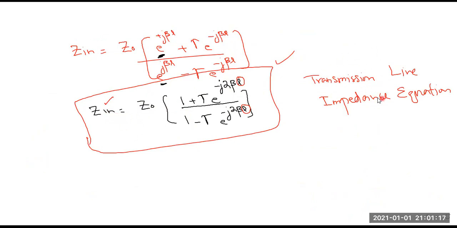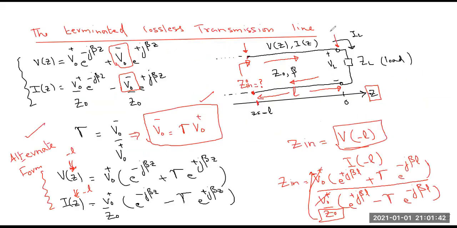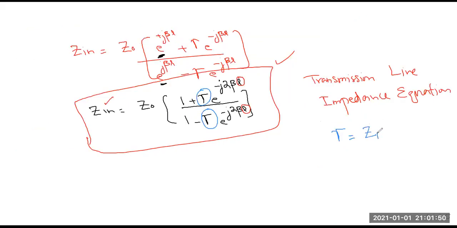Now there is one alternate representation of this transmission line impedance equation, and that we can easily derive by replacing gamma by its value in terms of impedance. In our previous lecture, we have found that this reflection coefficient, which is at this position, can be calculated with the help of this equation, that is ZL minus Z naught divided by ZL plus Z naught.